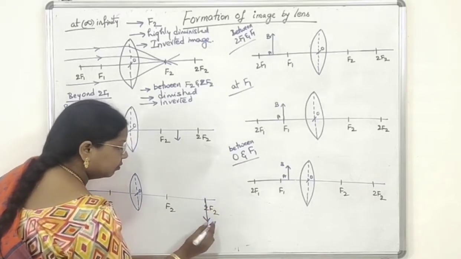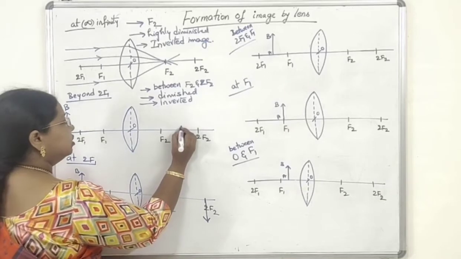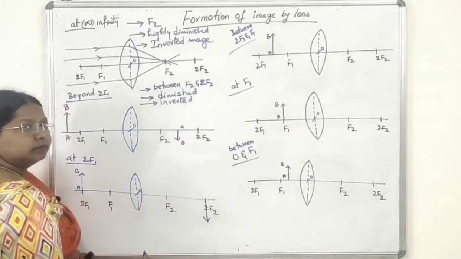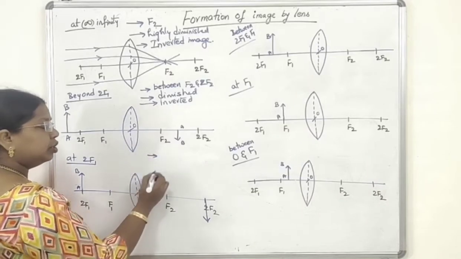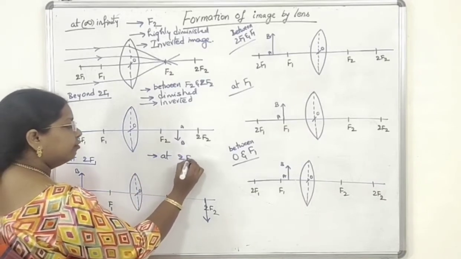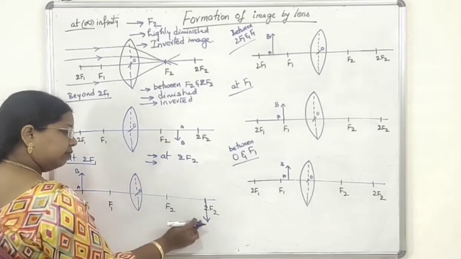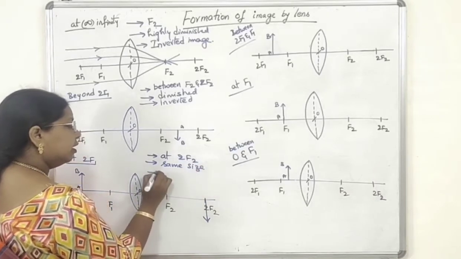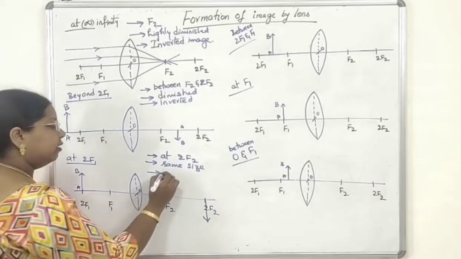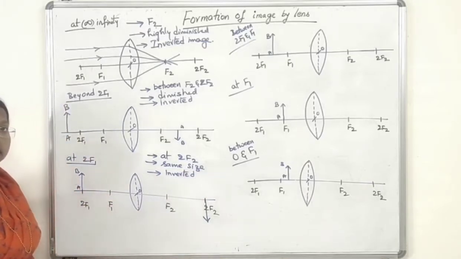Inverted image. So what are the properties here? What is the position? At 2F2. Same size. Next one, inverted image. Clear, students?